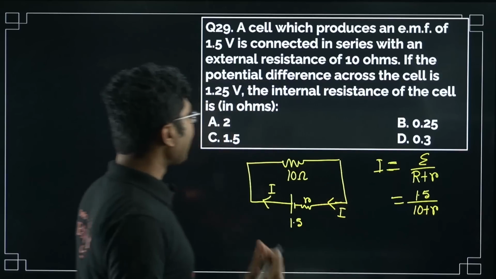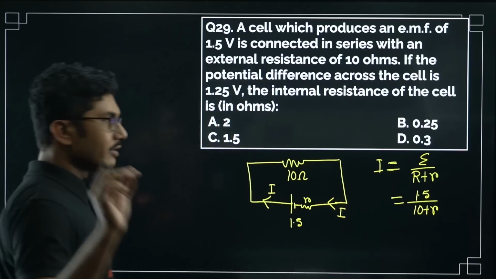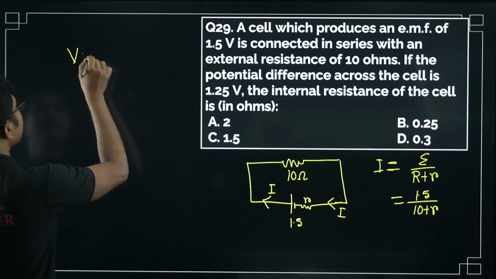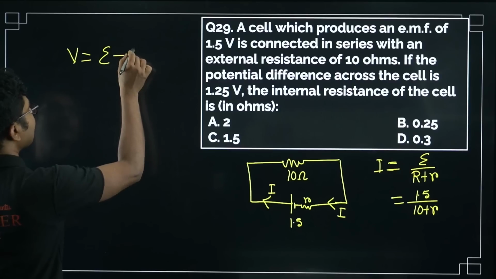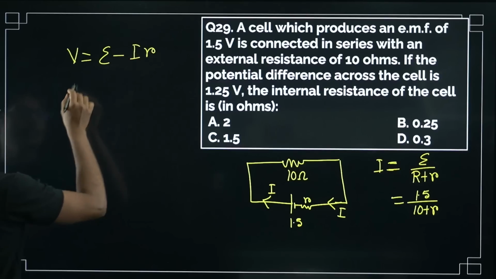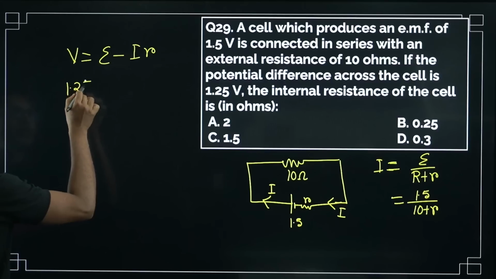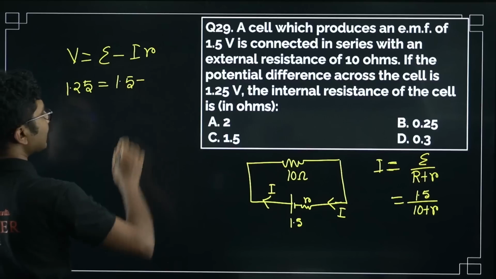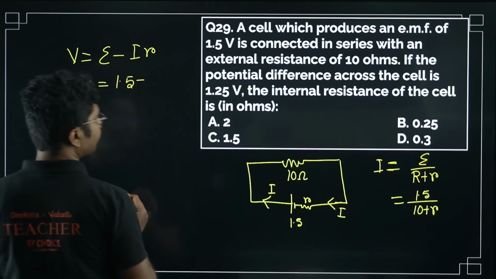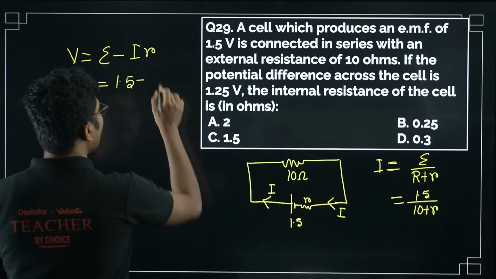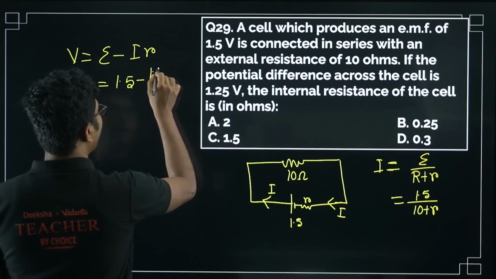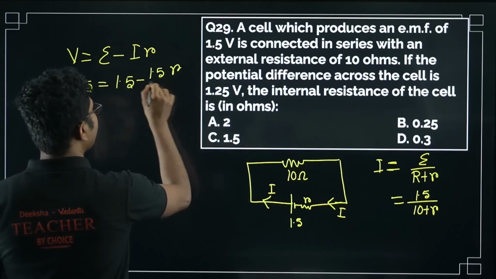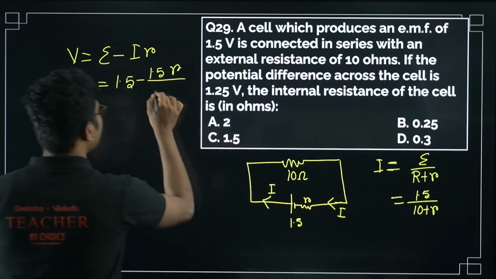Now, this problem might seem very simple, but it is slightly tricky. You have to do some mathematics here. Terminal voltage is epsilon minus Ir. So terminal voltage is 1.25 given, epsilon is 1.5 minus I into r. I is 1.5 divided by 10 plus r.